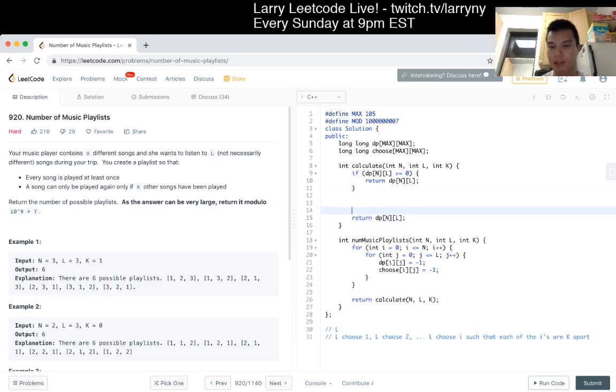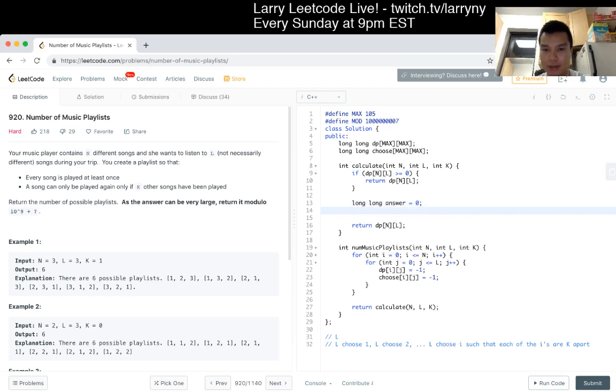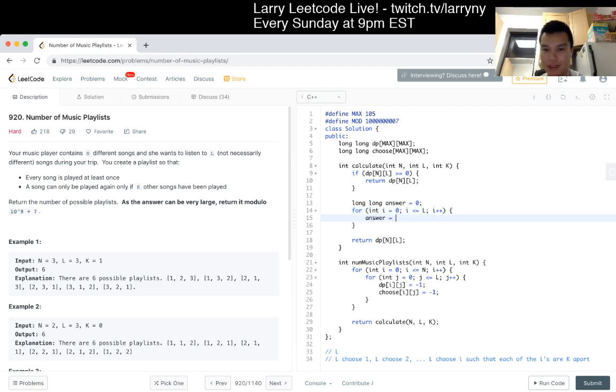Let's say we have this magic function that lets us use I songs on the list. A lot of these may just be 0 because of the nature of how it goes.